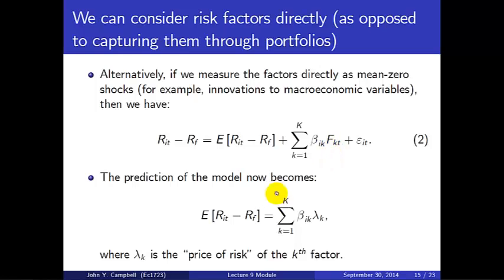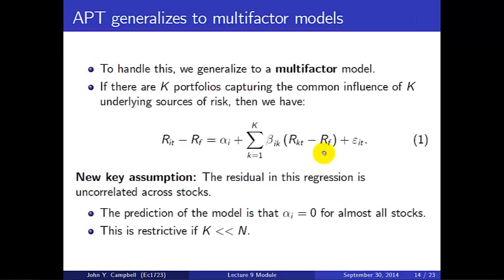Well, written this way, the prediction of the model looks different. It is that the expected excess return is the sum of the betas times some unknown free parameters, lambda k, which we call the prices. The price lambda k is the price of risk of the kth factor. Because now these things have zero mean, the risk compensation is written here as beta ik times lambda k. If we go back here, why didn't we need that here?